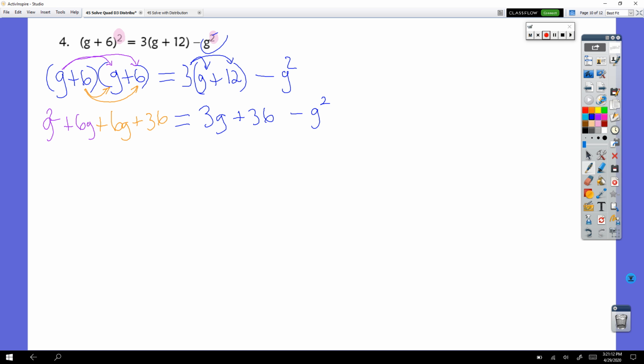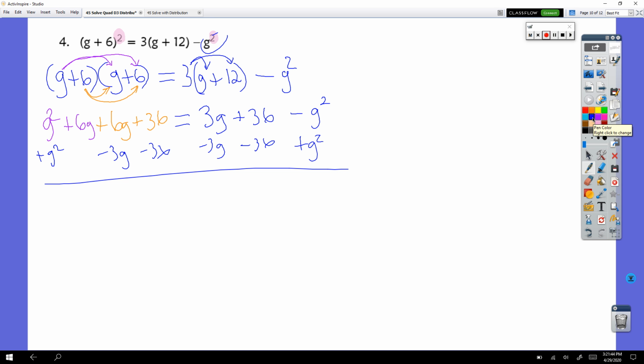So I'm going to add g squared to both sides, because negative 1g squared is a smaller coefficient than positive 1g squared. So I need to add g squared to both sides. That gives me the clue then that I need to subtract the 3g, and I also need to subtract the 36.